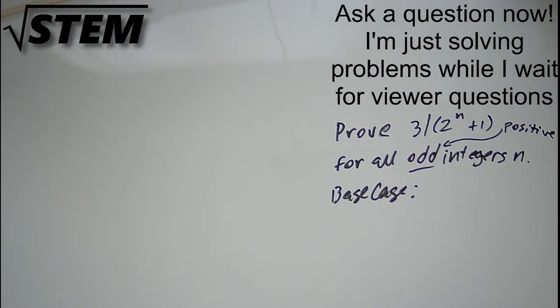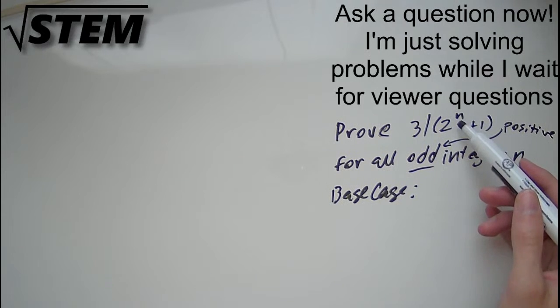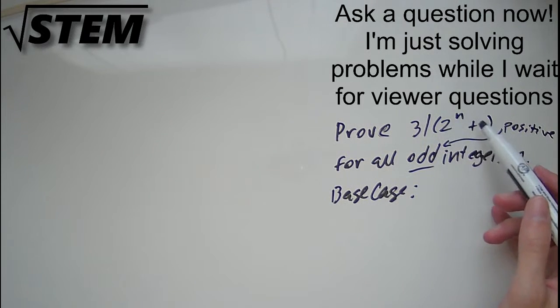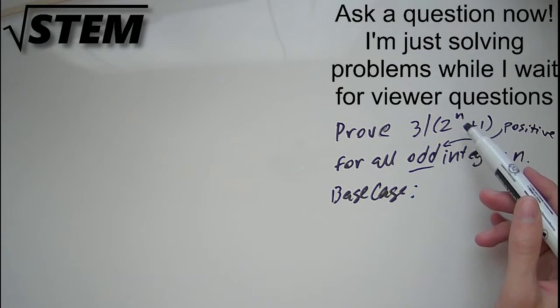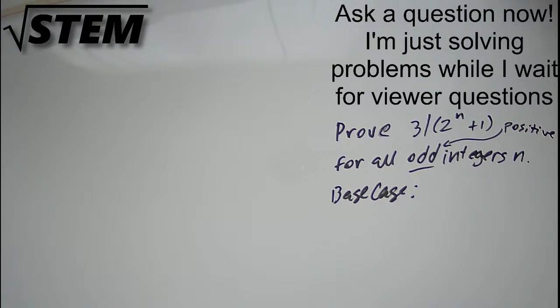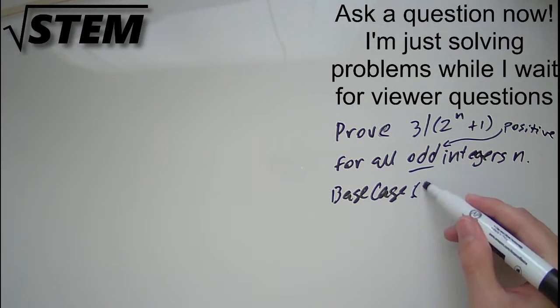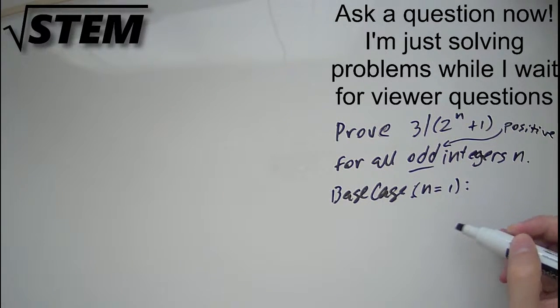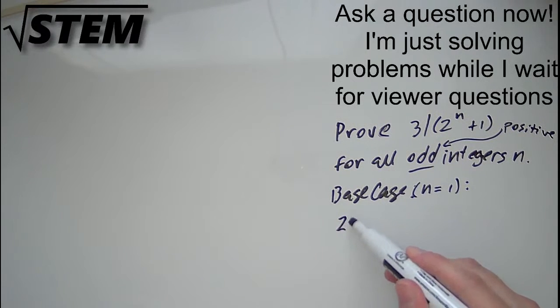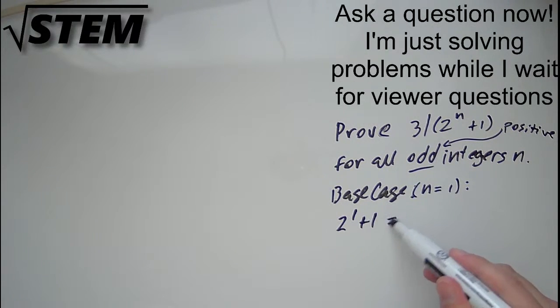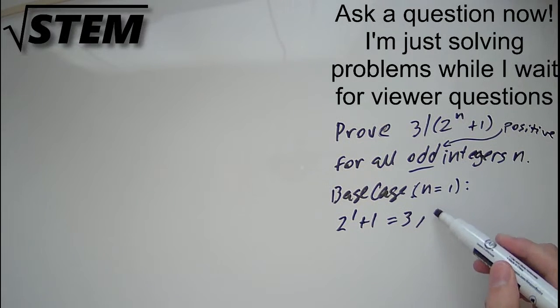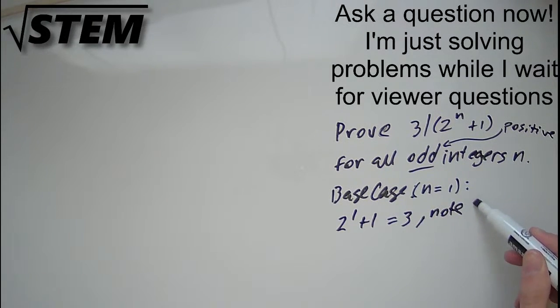It wouldn't really make sense for n to be negative, to have negative integers included here, because then you would have like 1 plus a half, which is clearly not divisible by 3. So the base case is n equals 1. So 2 to the 1 plus 1 is equal to 3. And note that 3 divides 3. So the base case is true.